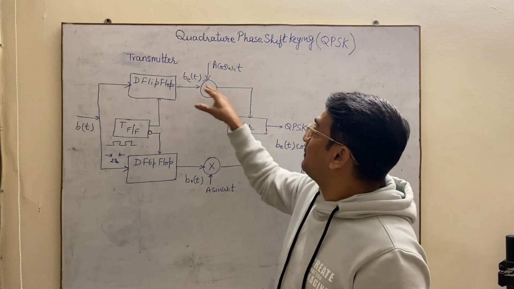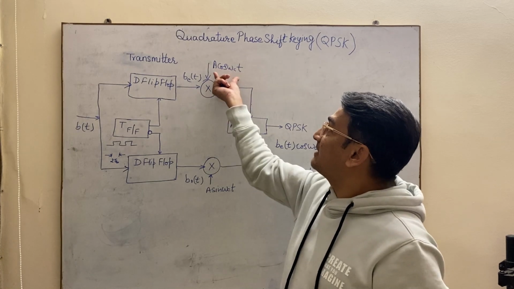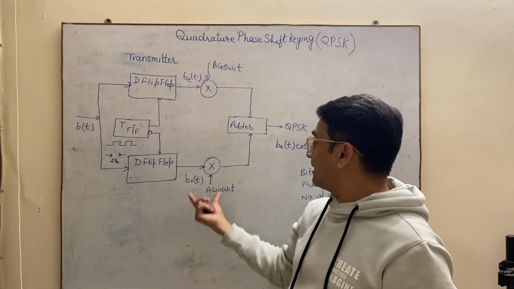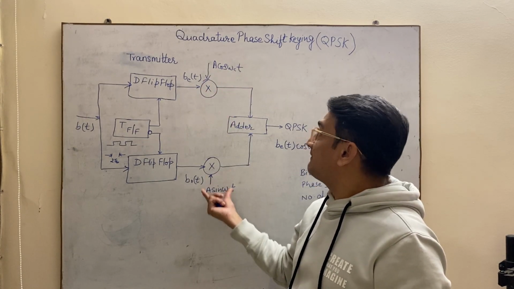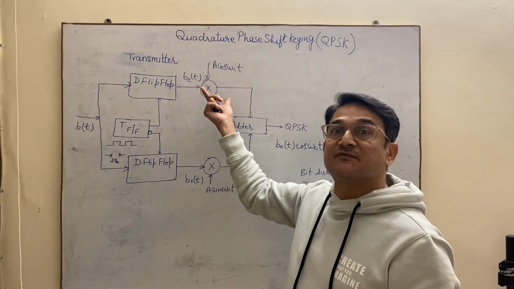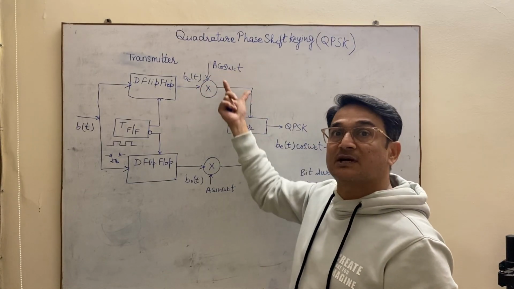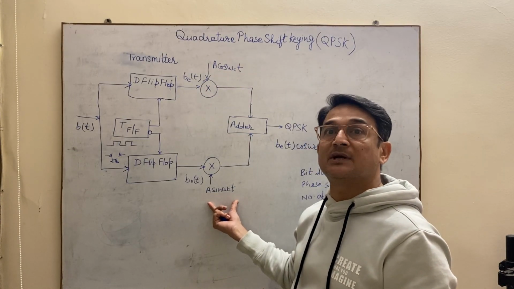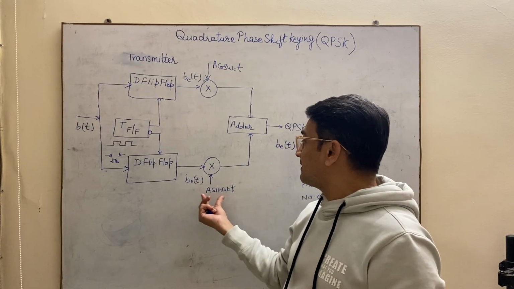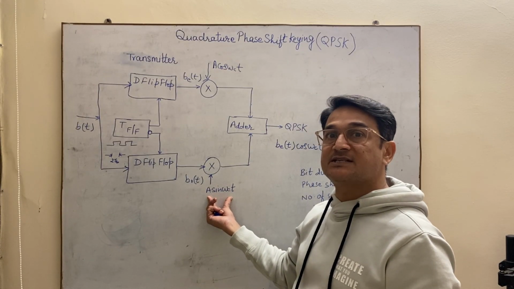The even bits will be multiplied with a carrier signal which is A cos omega ct, and the odd bits will be multiplied with its 90-degree phase-shifted carrier. If this is cos omega ct, this will be sin omega ct. So this odd bit sequence will be multiplied with sin omega ct.